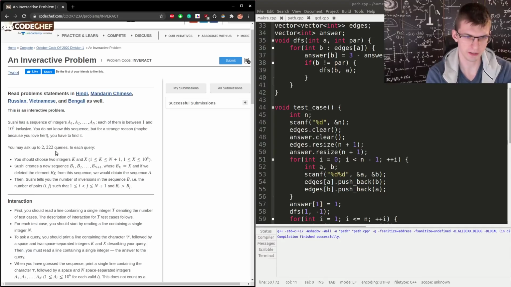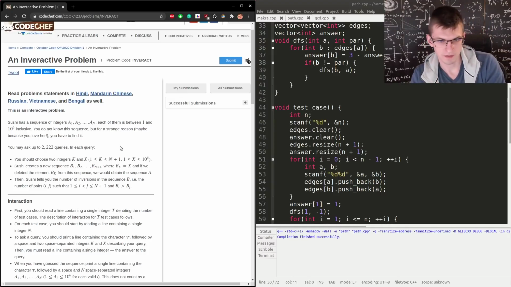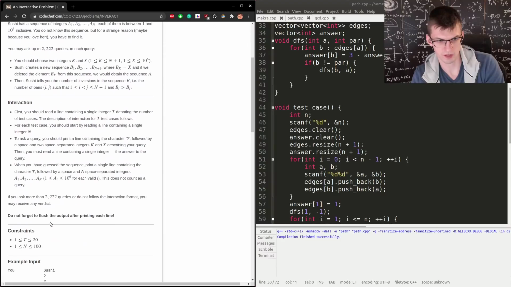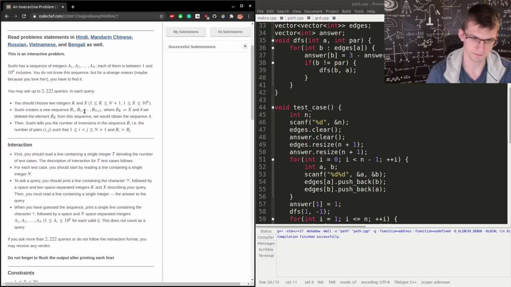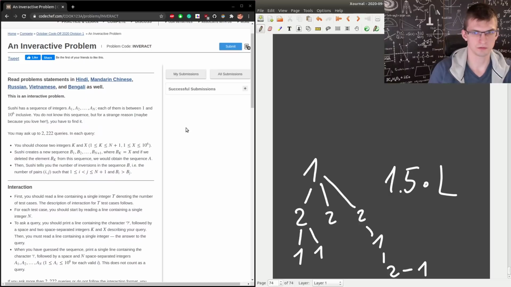Okay, we insert one element in the middle of a sequence, and then we are given information about the number of inversions. Inversion is if it's strict inversion. What's n? 100. So will it be 100 times log of million? Yes, it will be. What will I do?